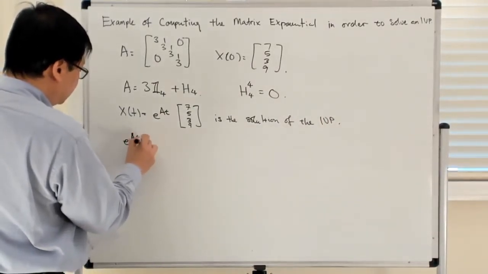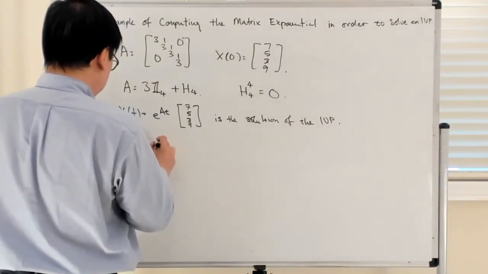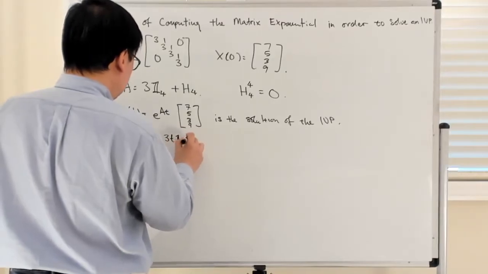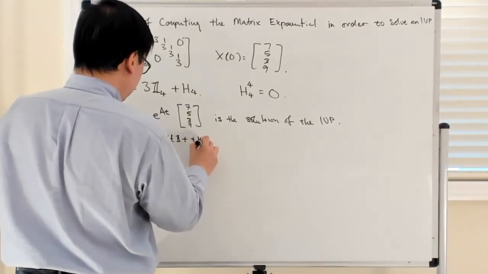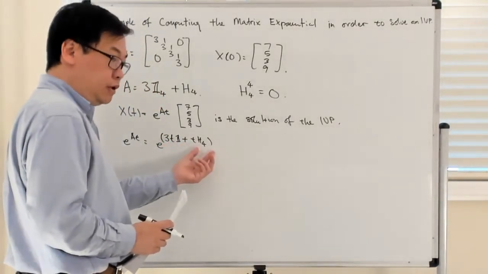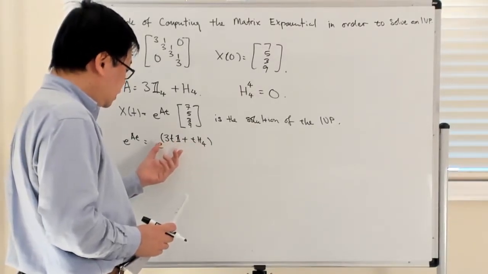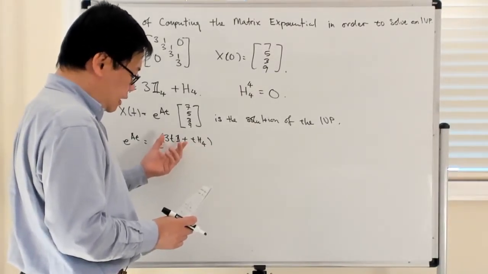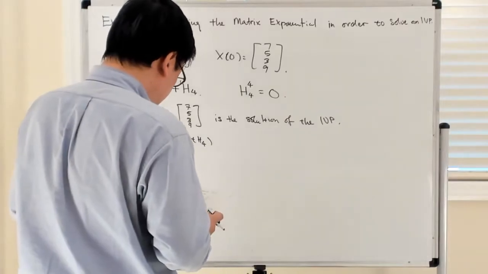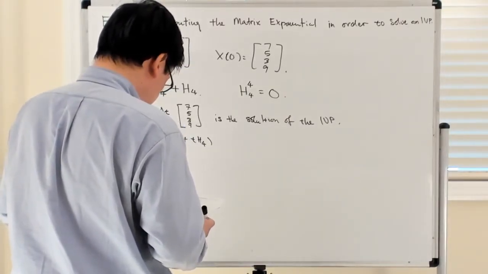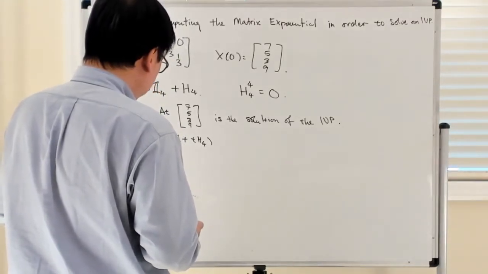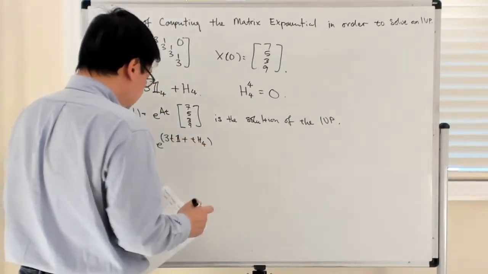Okay, so e to the At is equal to e to the 3t identity plus t times H4. And because these two matrices commute with each other, I can write the exponential of the sum as the product of the exponentials.